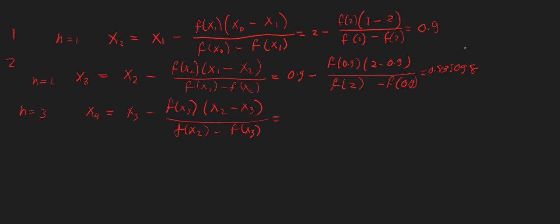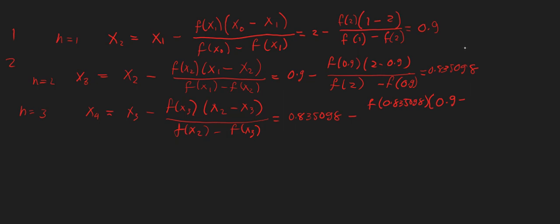So it will be equal to, this time our x3 is 0.835098, minus f of x3. So that will be f of what is x3, that is 0.835098. You substitute this one, you cube it, then minus 0.3. Then you multiply it with x2 minus x3. What is x2? x2 is 0.9.